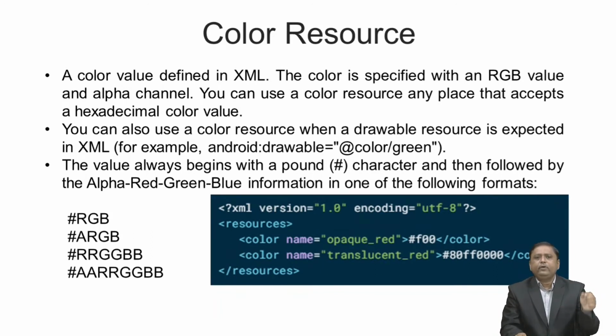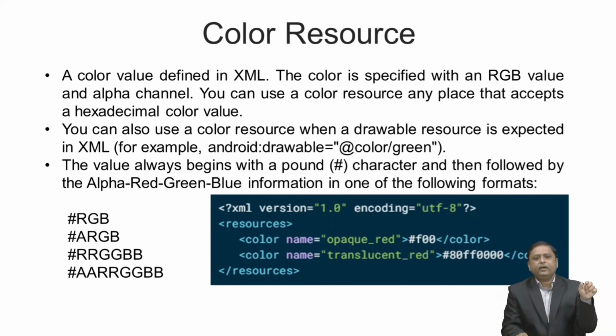For example, you can write down like this: android:drawable equal to @color/green. So it defines green color. The value always begins with a pound character followed by the alpha, red, green, blue information in one of the formats shown on screen.